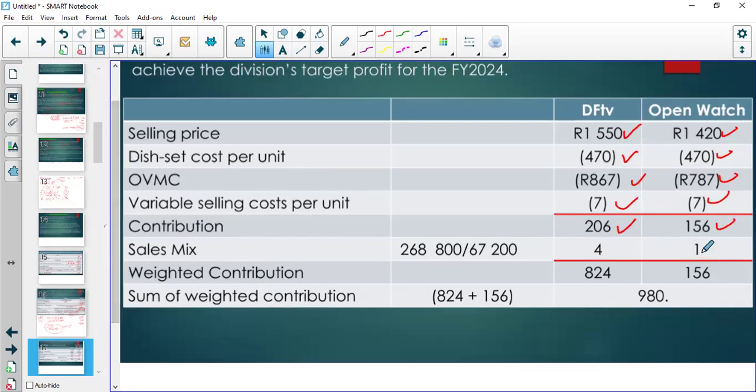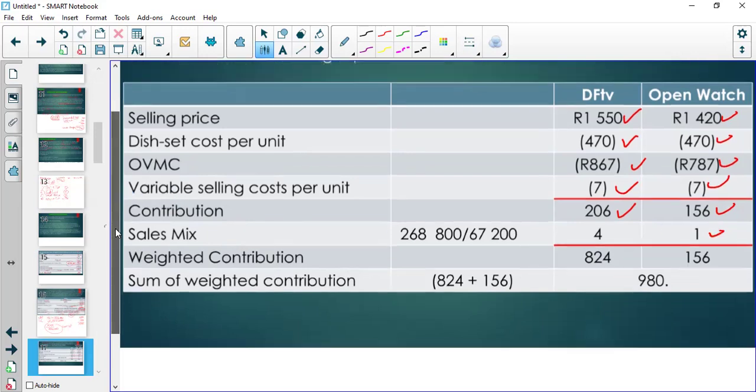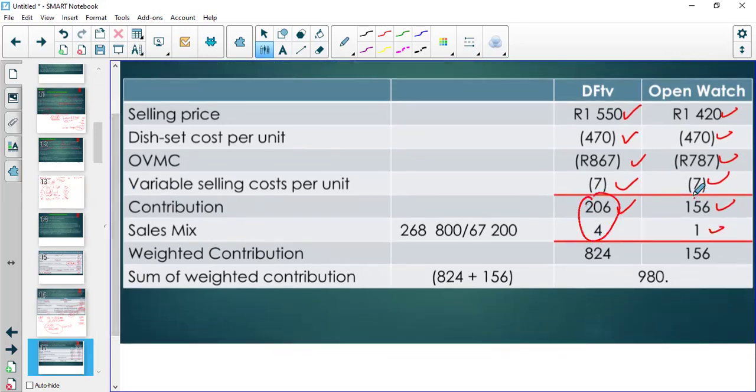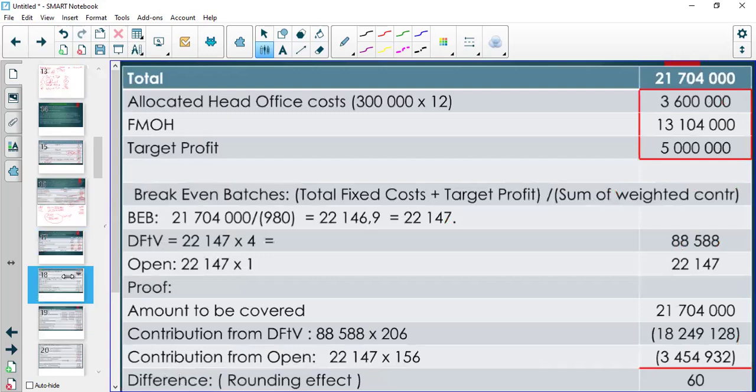Then the sales mix we did, it's 4:1. Then the weighted contribution, you multiply that and you get this. Then you combine that, and the sum of the weighted contribution is 918. So that's quite nice.